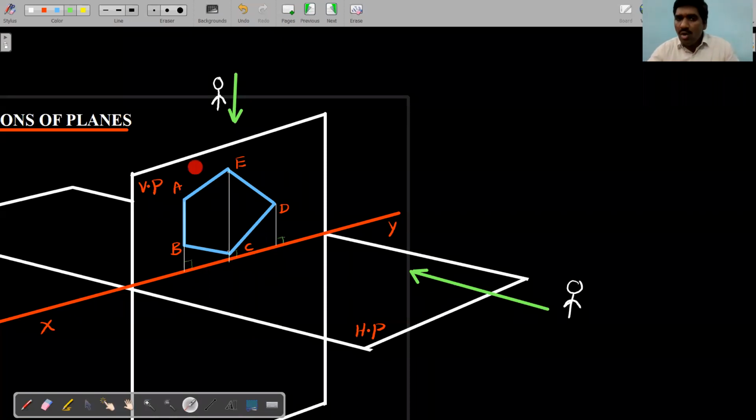In the front view, you can see all the points. In the top view, you can see only A, E, and D.